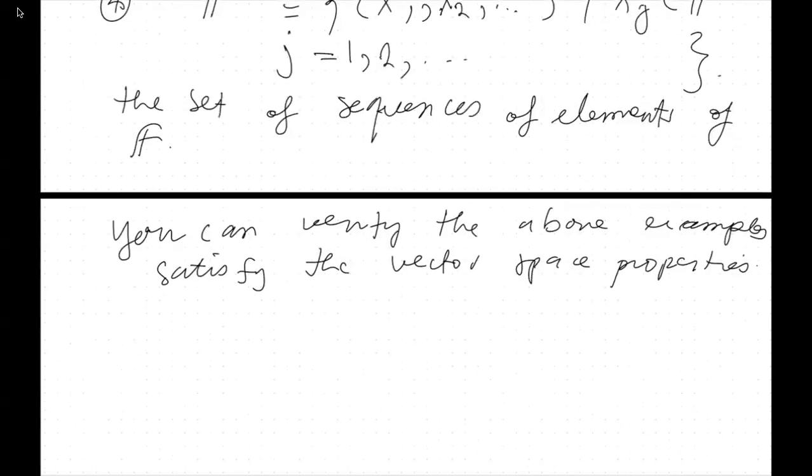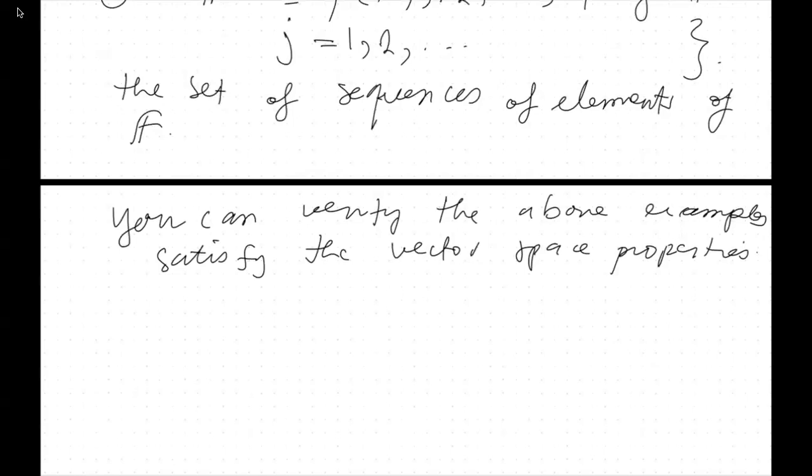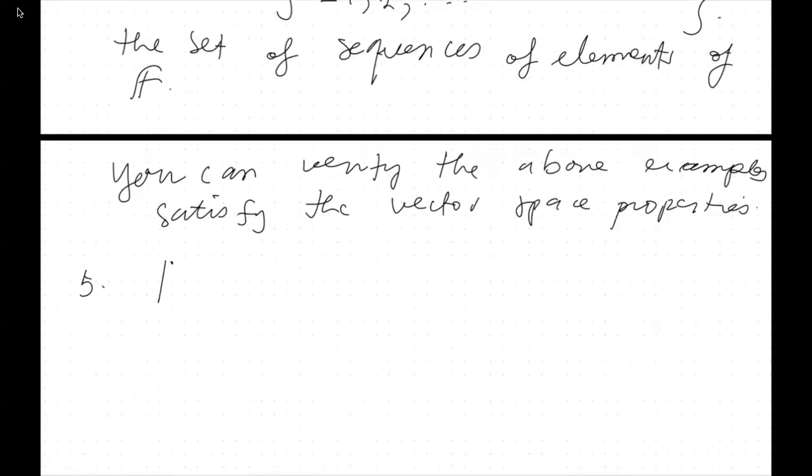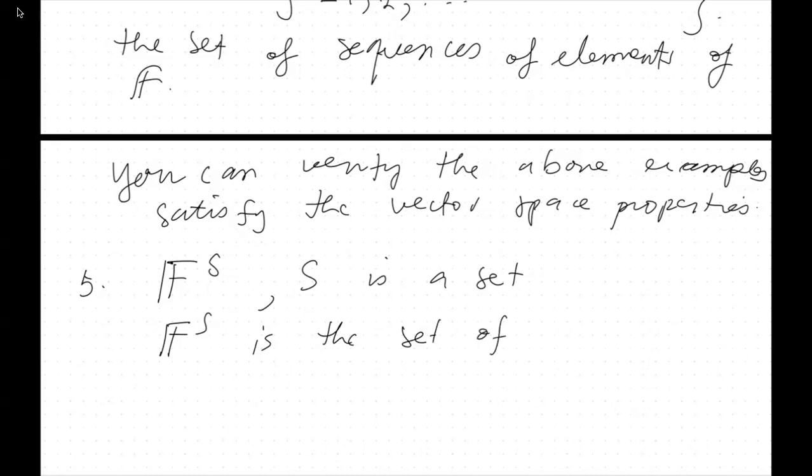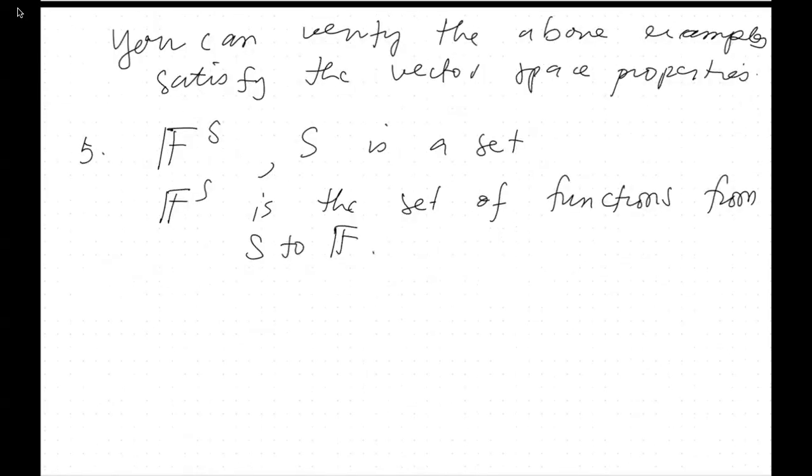Another example is, say, example number 5. So we have F and then S. Here S is a set, and F to the S is the set of functions from S to F. And then how do we define addition? So what are elements of F to the S? They are functions.